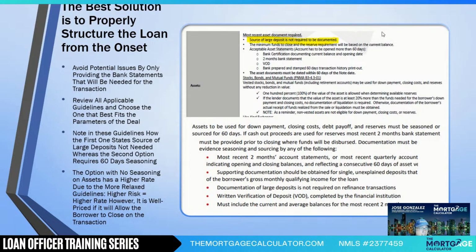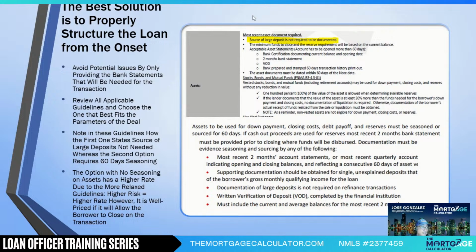Documentation of large deposits is not required in refinance transactions. And again, they don't show here the 50% rule, but it is in the guidelines. I can guarantee you, if the deposit exceeds 50% of the income, it has to be documented, whether it's a deposit for income or a deposit for assets.